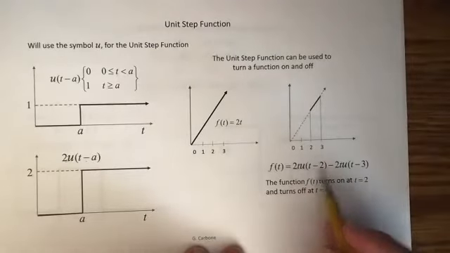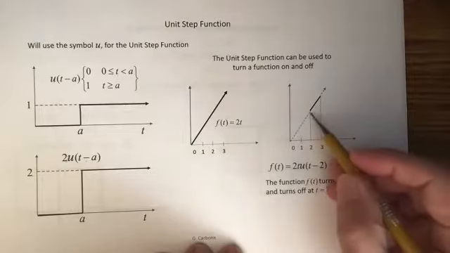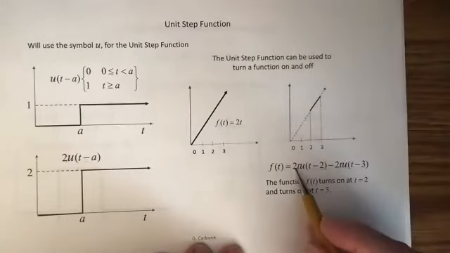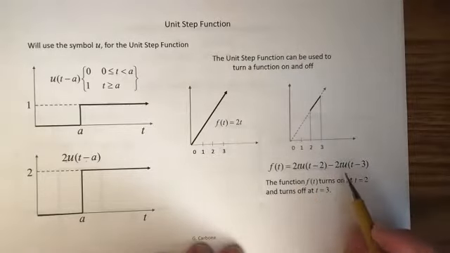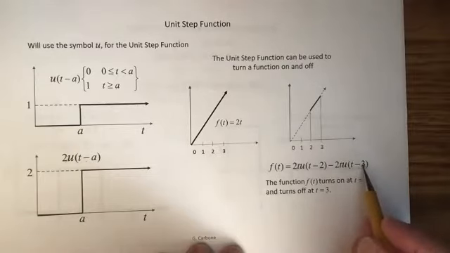In other words, if I write it like this, right? This is going to be 0. I'm going to be multiplying 2t times 0 until t becomes 2. Then once t becomes 2, it turns on, and then I'm getting the function 2t. And now this is 0 until t becomes 3, right?